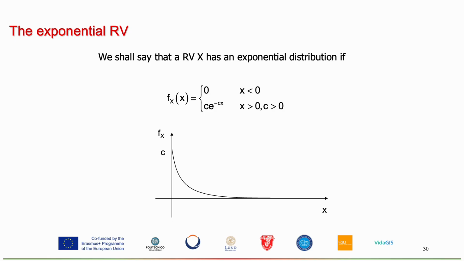In this slide you see the shape of f of x. In practice it is equal to c at 0 and tends to 0 for x that tends to infinity.